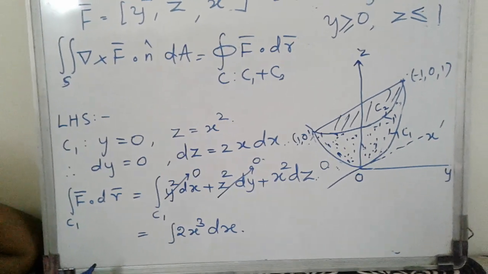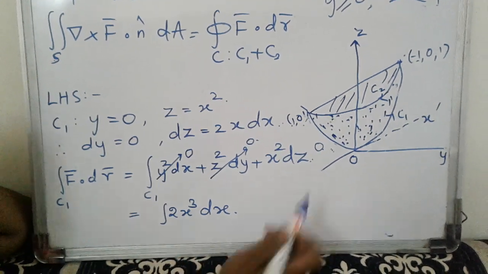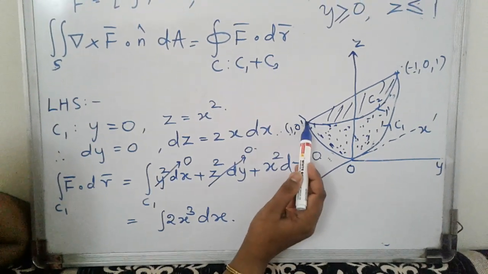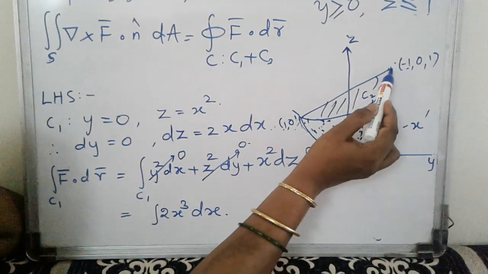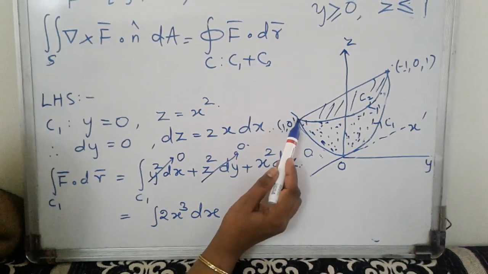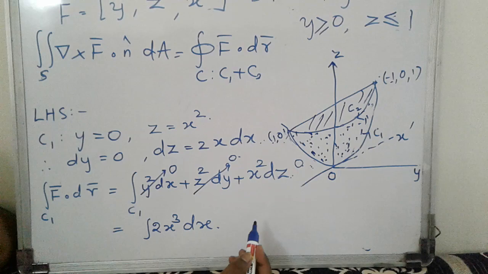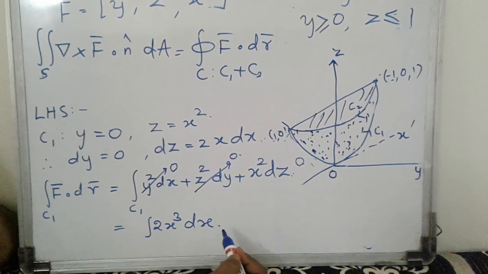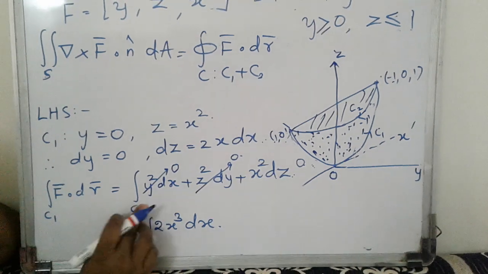Now we need to see what the limits for x are along the path C1. Your path C1 starts from here, and this is the terminal point. So the initial x value is 1 and the final x is minus 1. So limits for x run from 1 to minus 1.